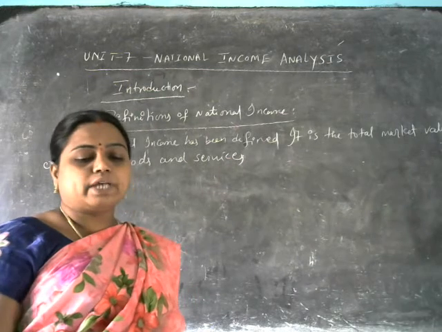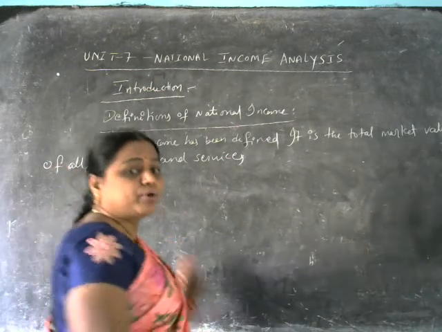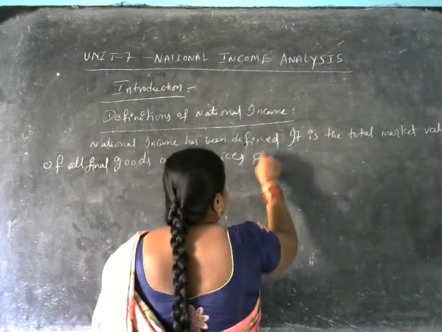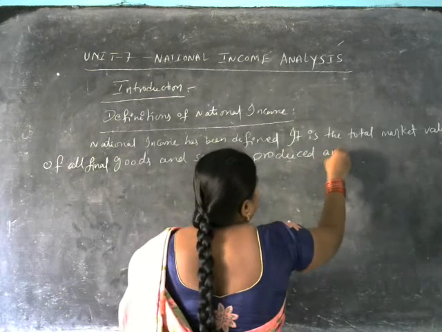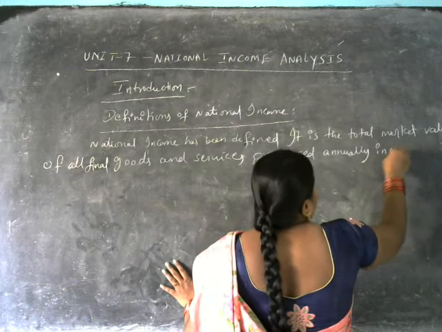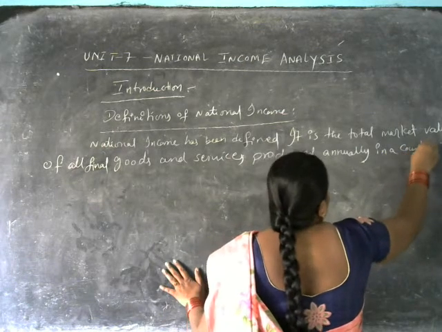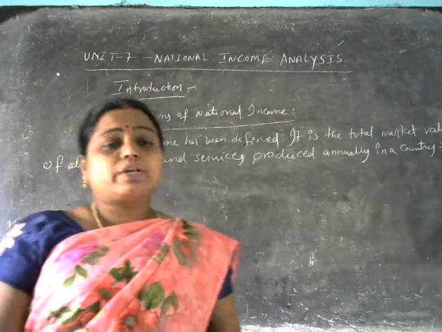all the final goods and services produced annually in a country. Produced annually in a country is called national income.